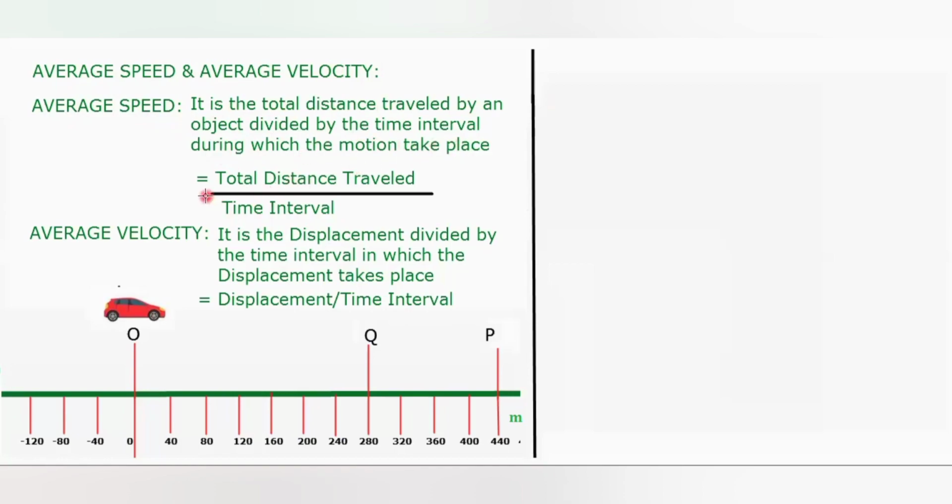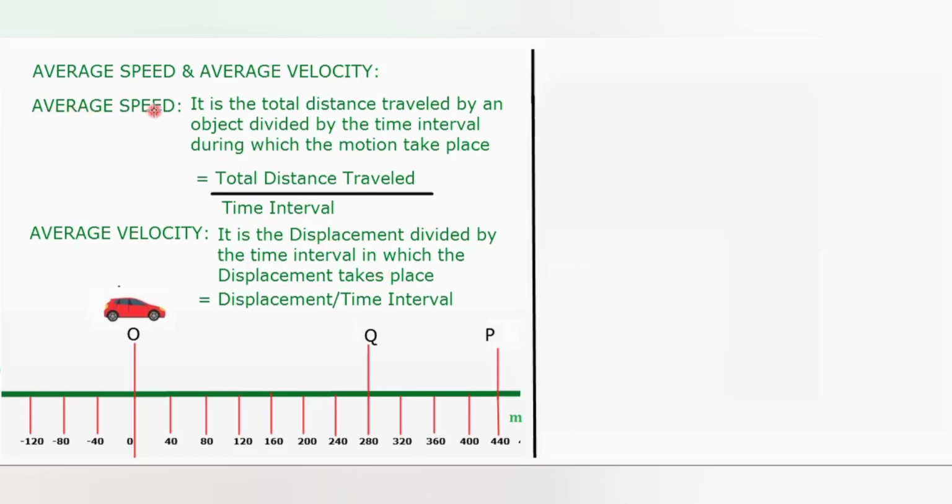That means total distance traveled divided by time interval. Then what is average velocity? It is the displacement divided by the time interval in which the displacement takes place.